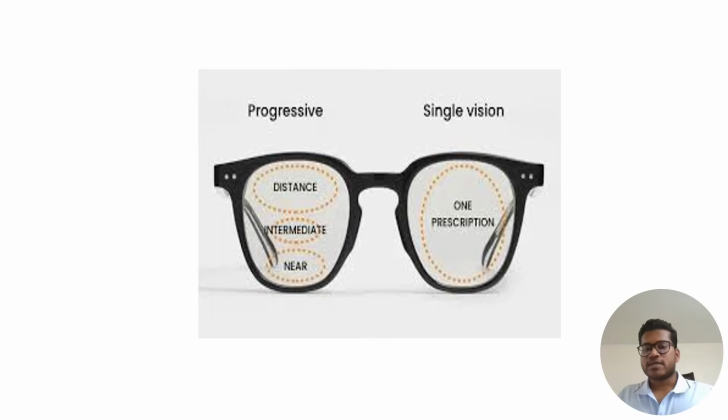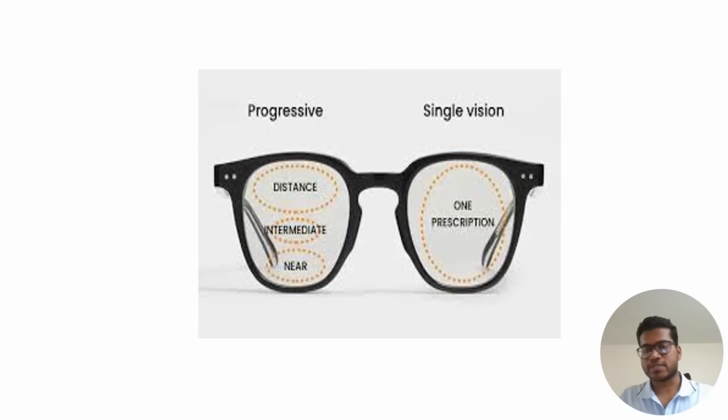This is the simple explanation of how it works if I have regular glasses: one prescription for the entire lens. So single vision lenses cannot solve the problems of peripheral distortion, which will be blurry on the sides, and they cannot focus on intermediate, long distance, as well as near.